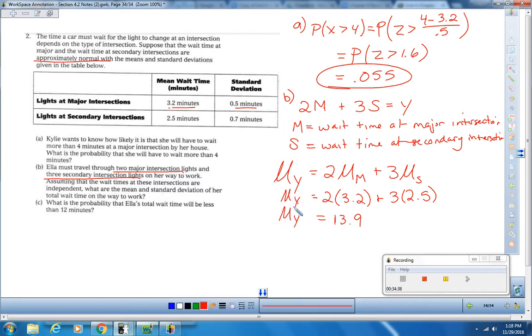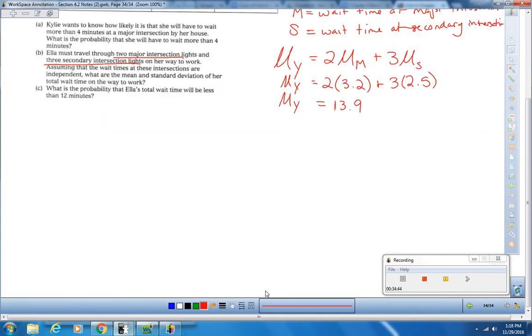Okay, and now we have to find the standard deviation of the total wait time. So now we need to find sigma sub y, and we do that by finding the variance. So it's going to be 2 squared sigma sub m squared plus 3 squared sigma sub s squared.